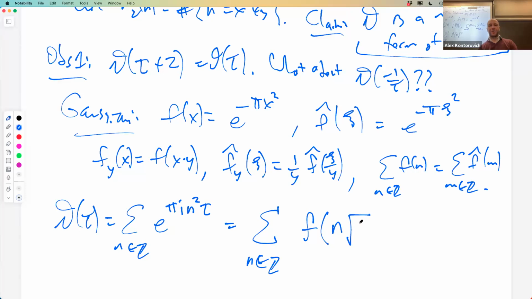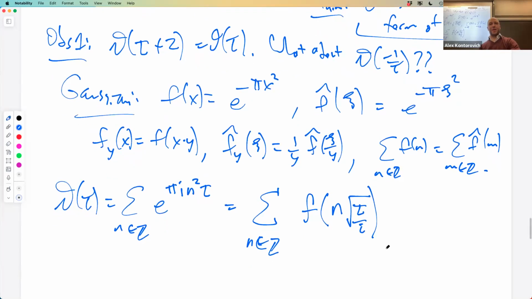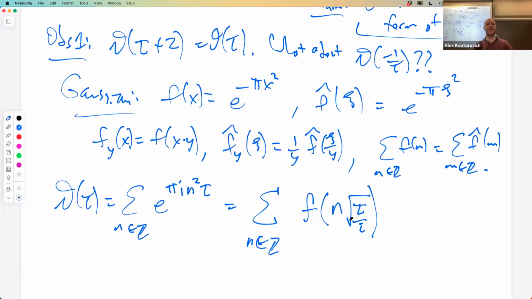So actually, if I do root of tau over i, when I square this, I'll get an n squared tau over i. Right here, I have a minus pi n squared tau over i, and negative over i is positive i.